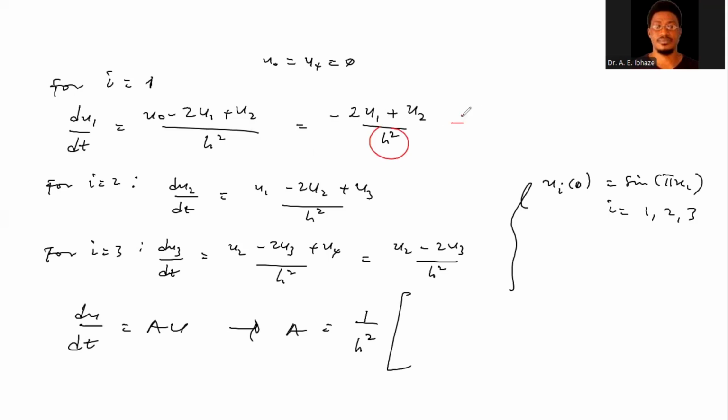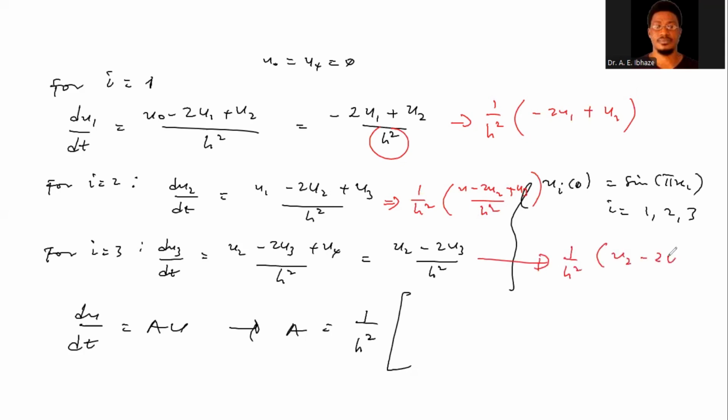So once we pull this out, it's going to give us 1 over h squared into bracket minus 2u1 plus u2, right? So here, this also will give us 1 over h squared into bracket u1 minus 2u2 plus u3, right? And this is also going to give us 1 over h squared, u2 minus 2u3.